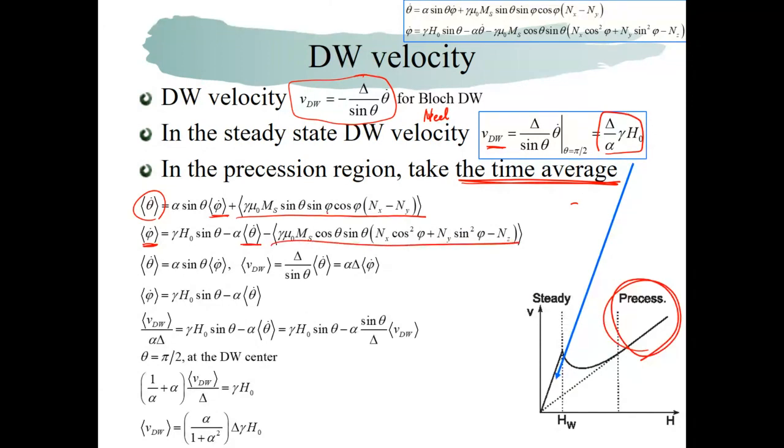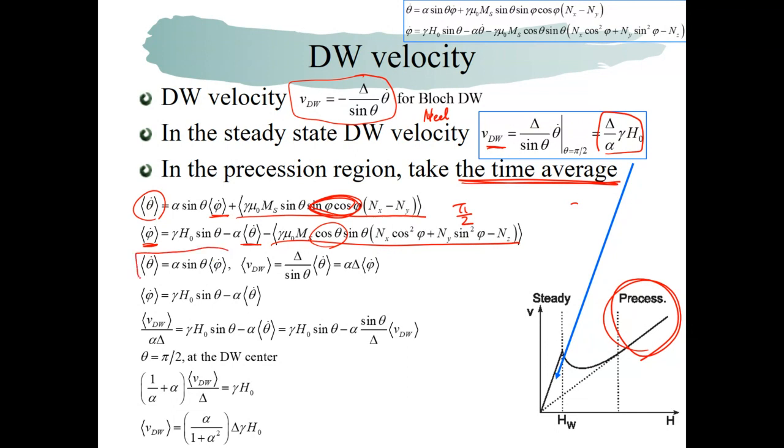But as we already said, phi changes from 0 to a large number. So this term gives an average value of 0. And also, we think about theta being pi over 2. So those terms go to 0.